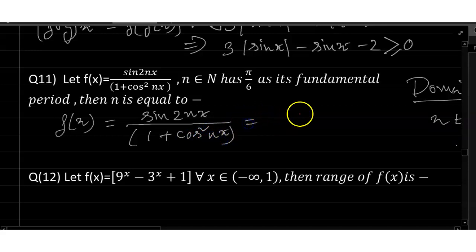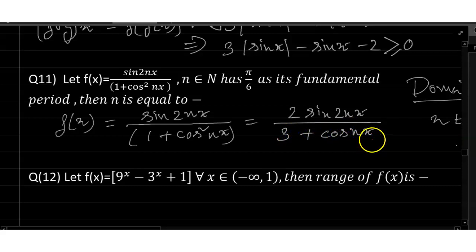it will be written 2 sine 2nx cos nx, 2 into cos 2nx.